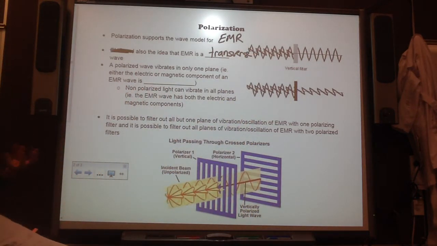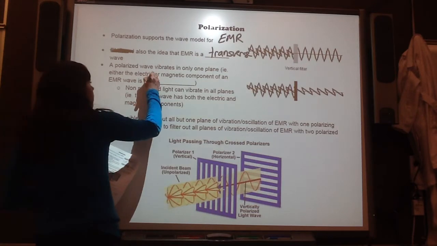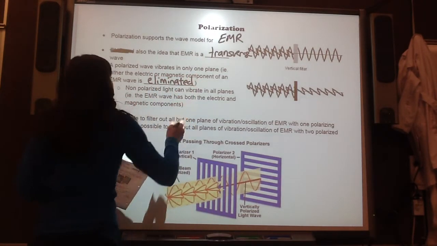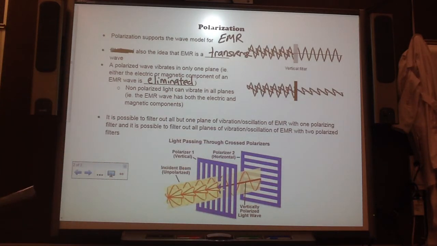A polarized wave vibrates in only one plane, i.e. either the electric component or magnetic component of an EMR is eliminated. Non-polarized light can vibrate in all planes.